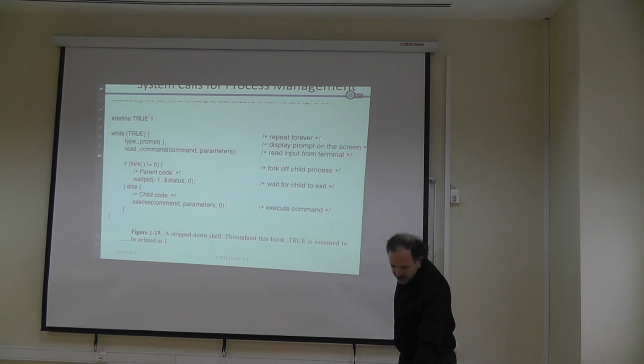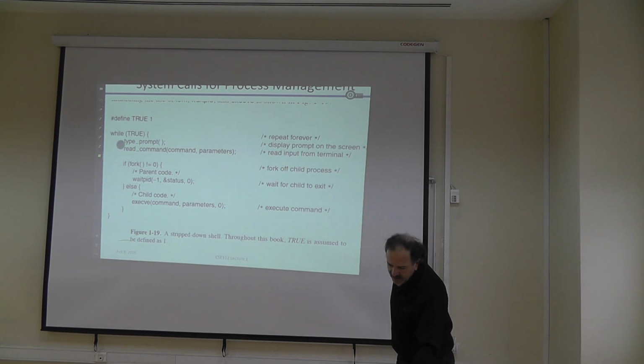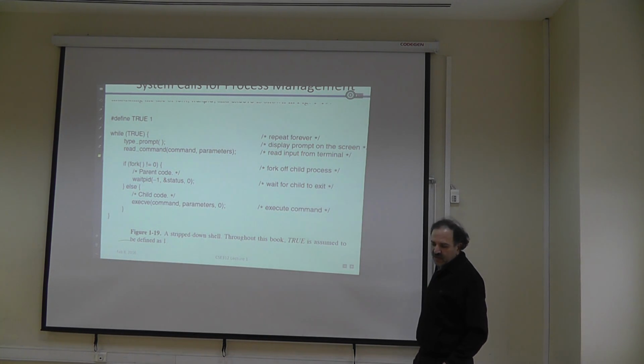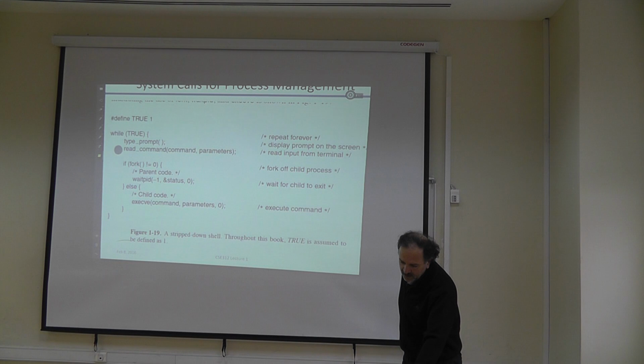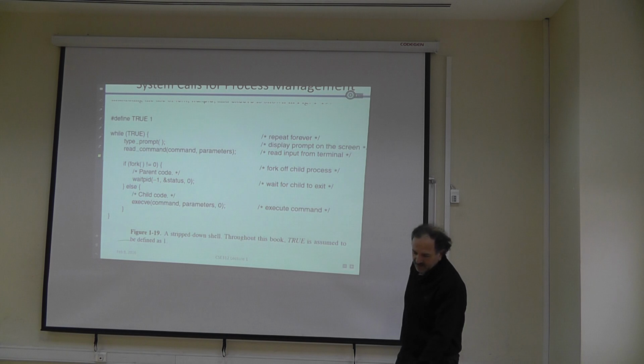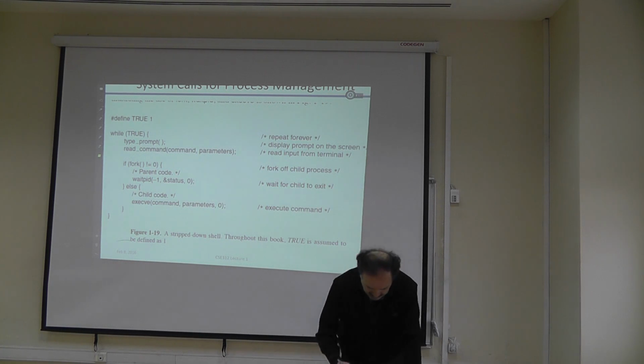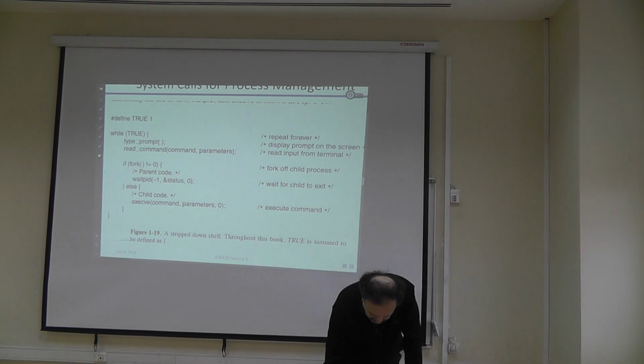There's an infinite loop here, and this type prompt asks the user to enter a command, okay? You enter a command, you read that command and its parameters. It is a Unix command. The user might type ls minus t.